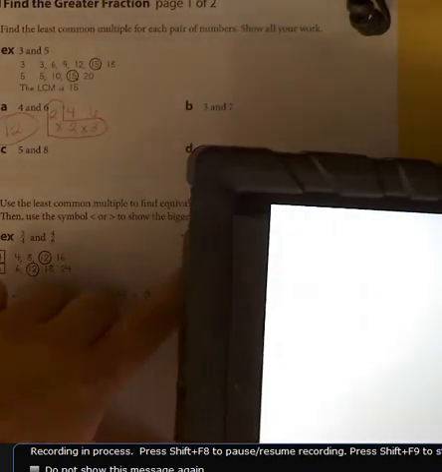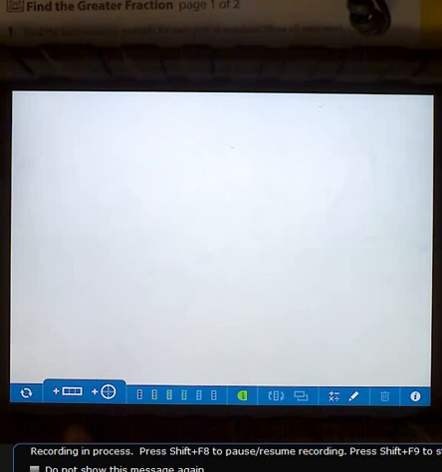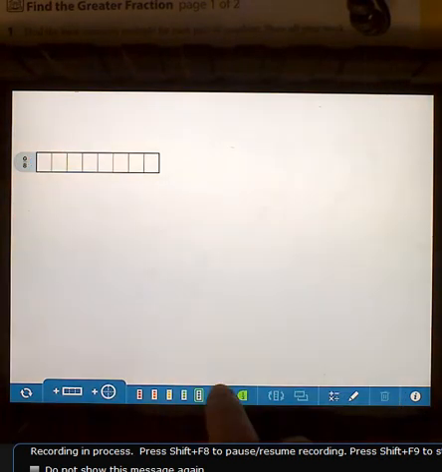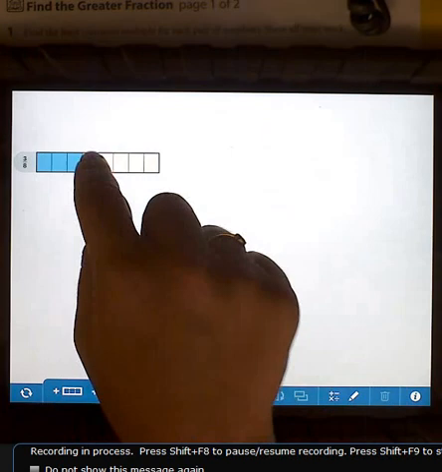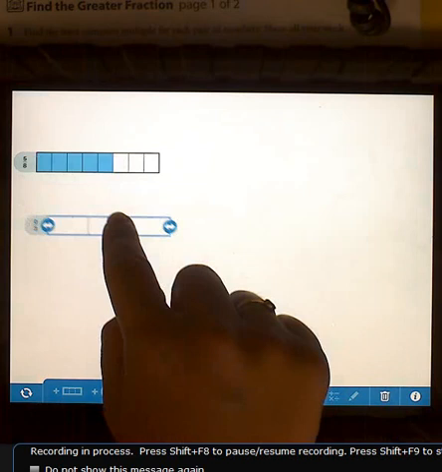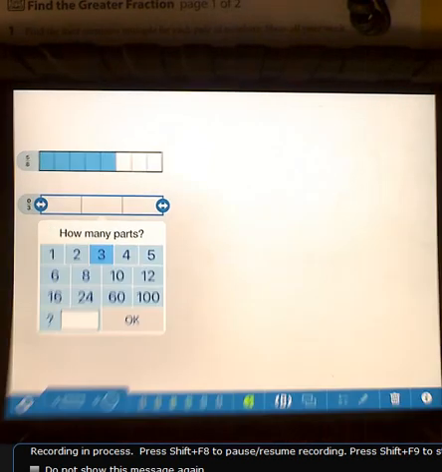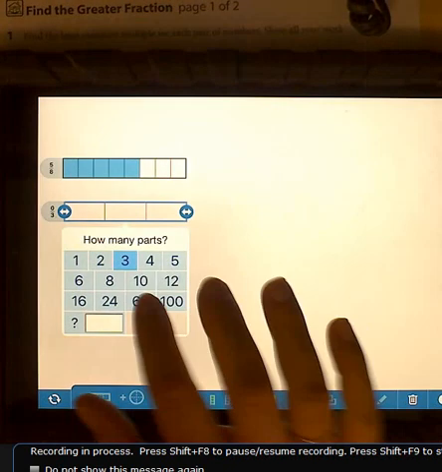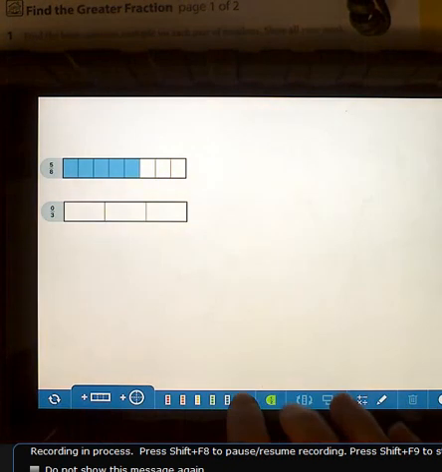So for example, if they were to find 5/8 and 2/3, they could make a fraction bar with 8ths, and they could shade 1, 2, 3, 4, 5, and then another fraction bar with thirds, and they were shading 2 of those. So thirds, I would make those purple, 2.